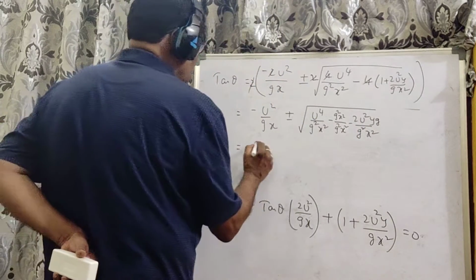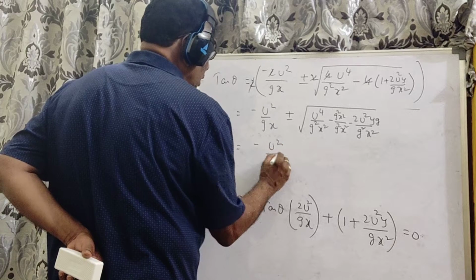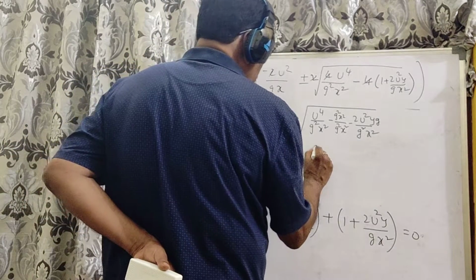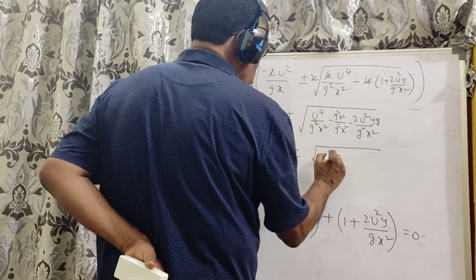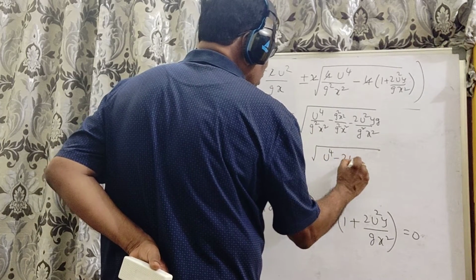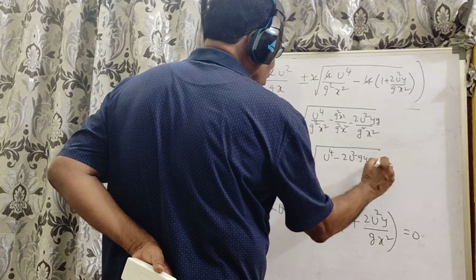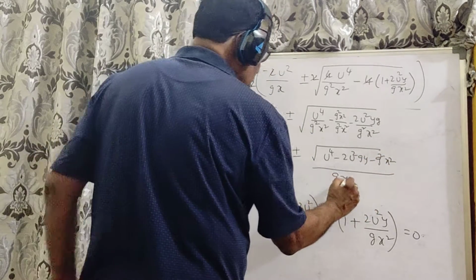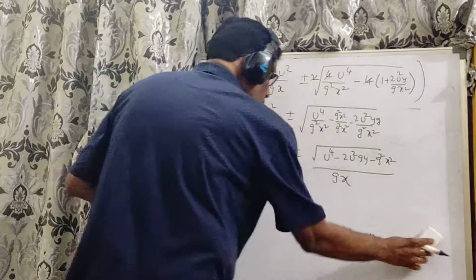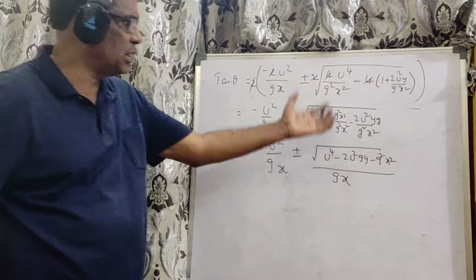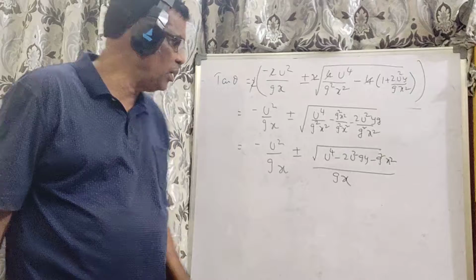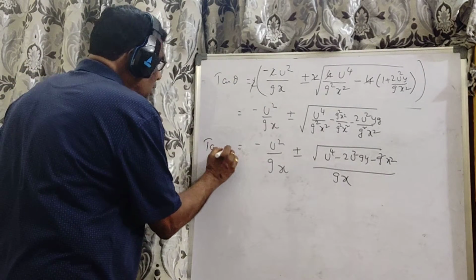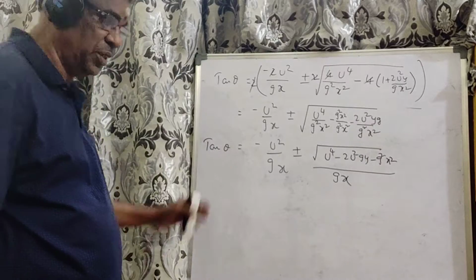Now I can write this as minus u square by gx plus or minus under root of u raised to 4 minus 2u square gy minus g square x square by g square x square. I took g square x square out of the square root there. Now I got this. This is a little complicated expression for you.